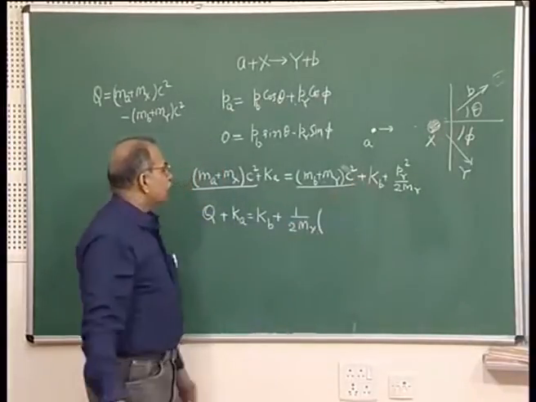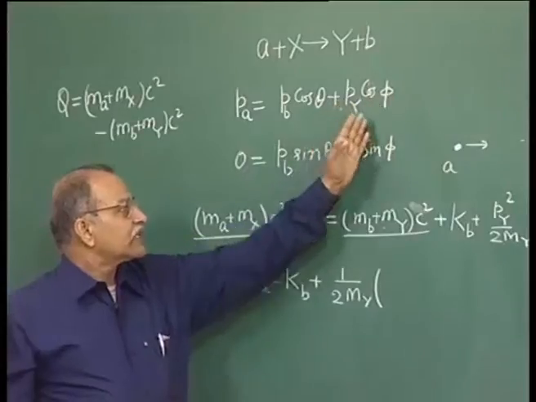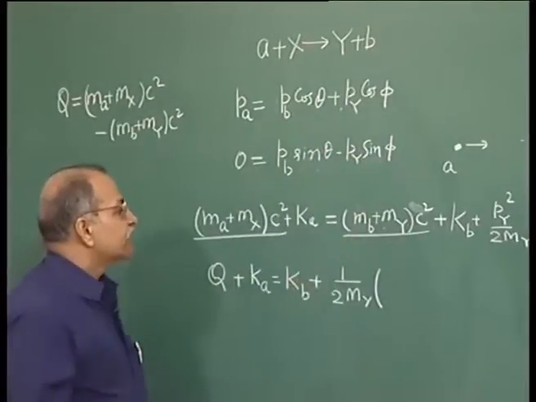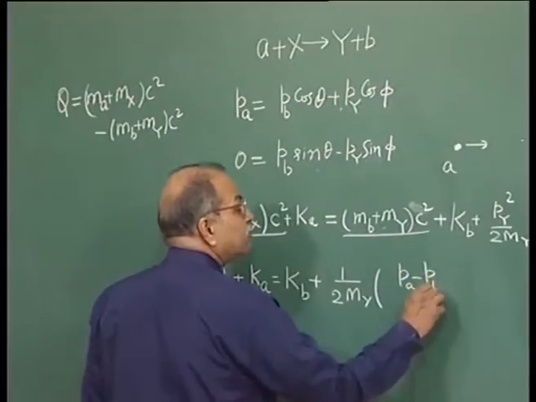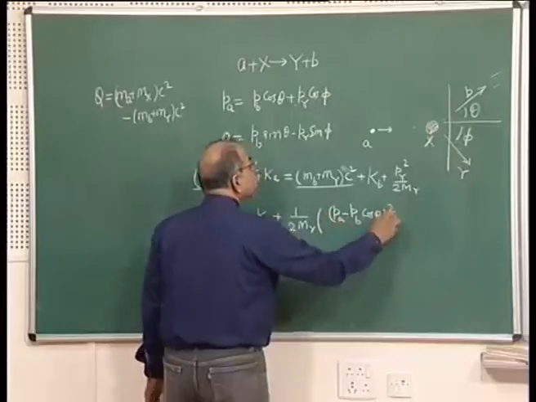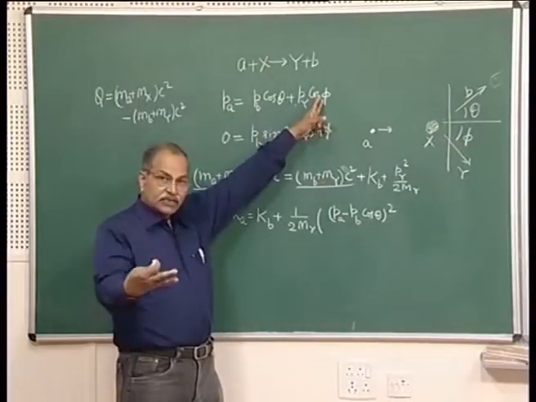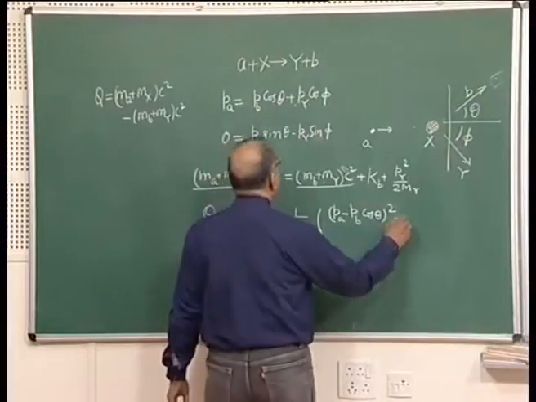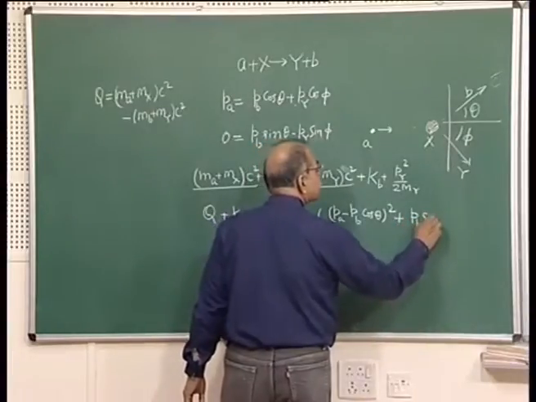Py square. Now, Py square you can write from here, Py cos phi square plus Py sin phi square. So, from there you can write that Py square, and it is (Pa minus Pb cos theta) square. So, that is Py cos phi square and plus Py sin phi square, which is plus (Pb sin theta) square.